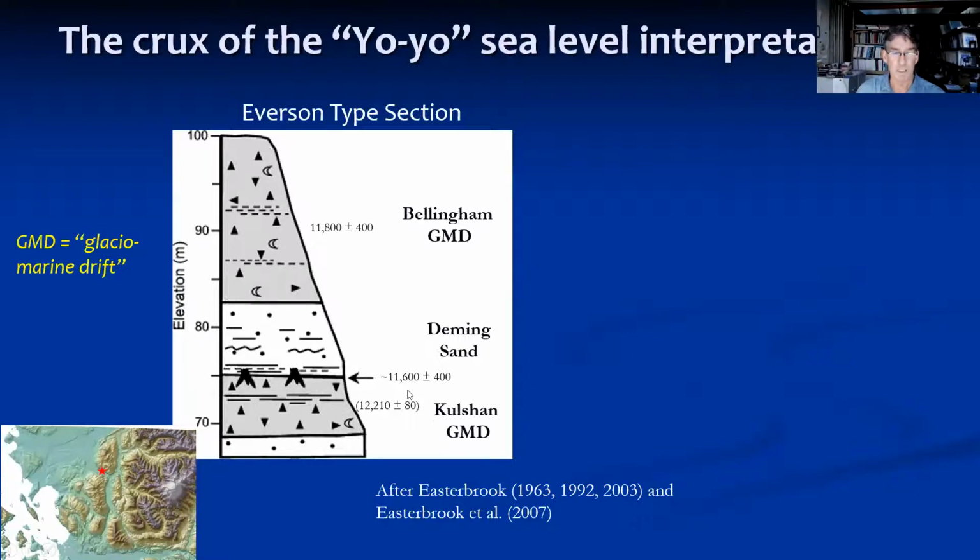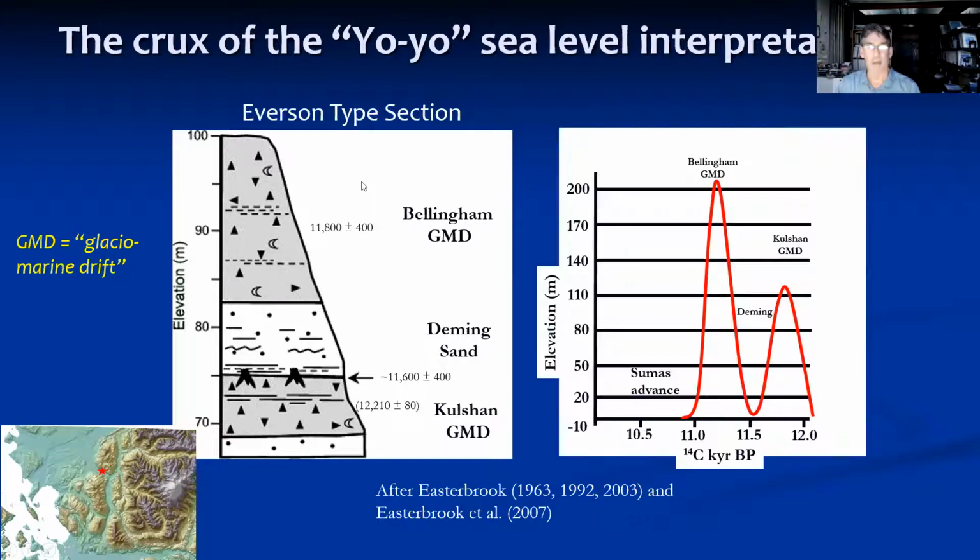So you've got below sea level, above sea level, below sea level in this sequence. And that is what led Don to make this interpretation of these big swings in local sea level as recorded in this bluff. There are other deposits that he has correlated to this, but this is by far the highest elevation, and the one that requires really big swings up here in terms of the height that the ocean got to relative to modern sea level.